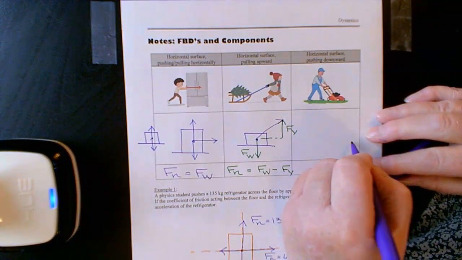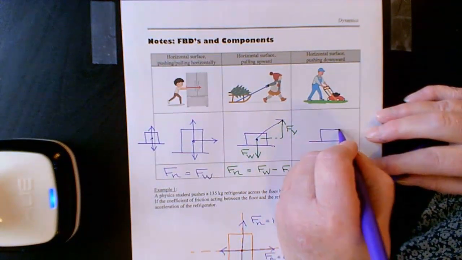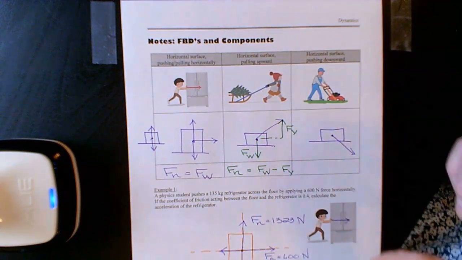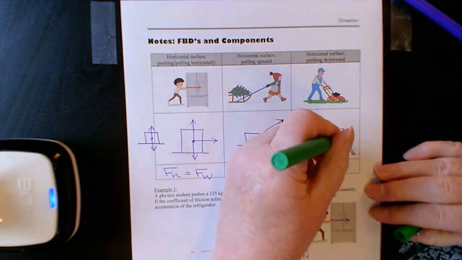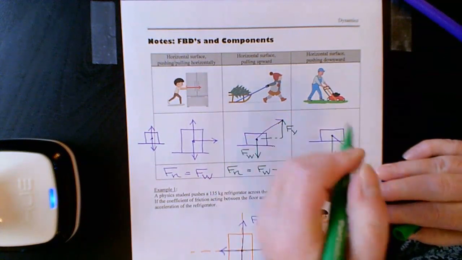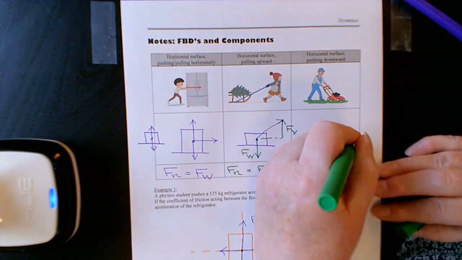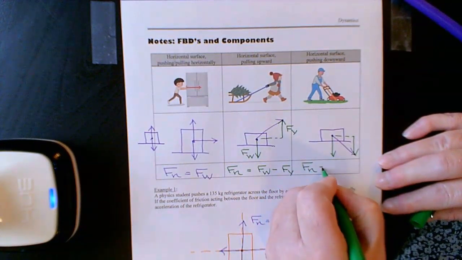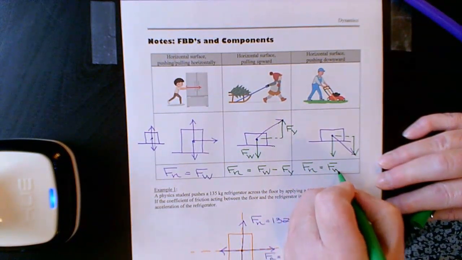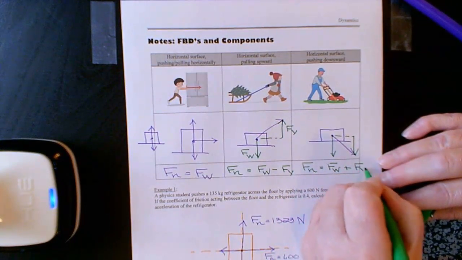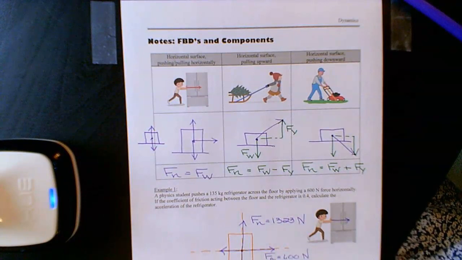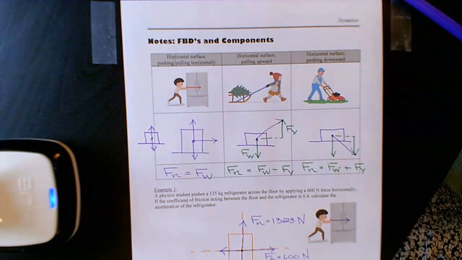If I have something like a lawnmower and I'm pressing down at an angle, I end up having an Fw pressing down and an Fy pressing down. Because I have two things pressing down, I'm going to add them, and then the normal force would be equal to that sum, and that would be what is pressing back up.